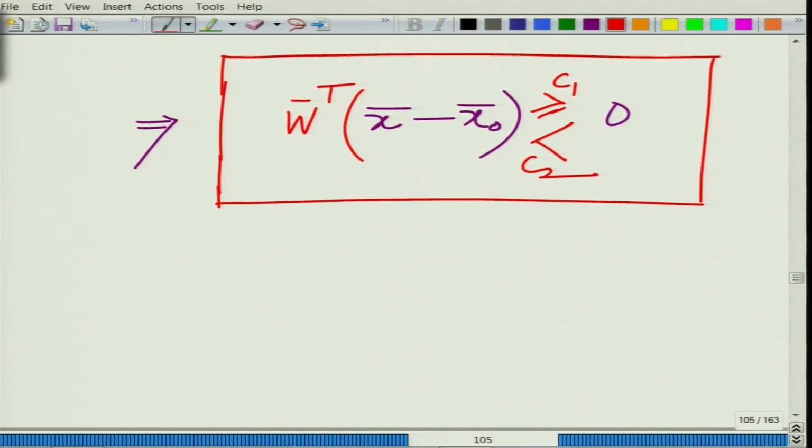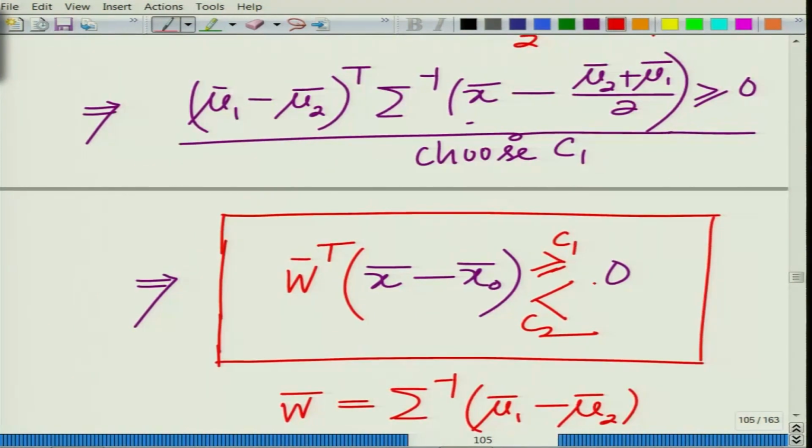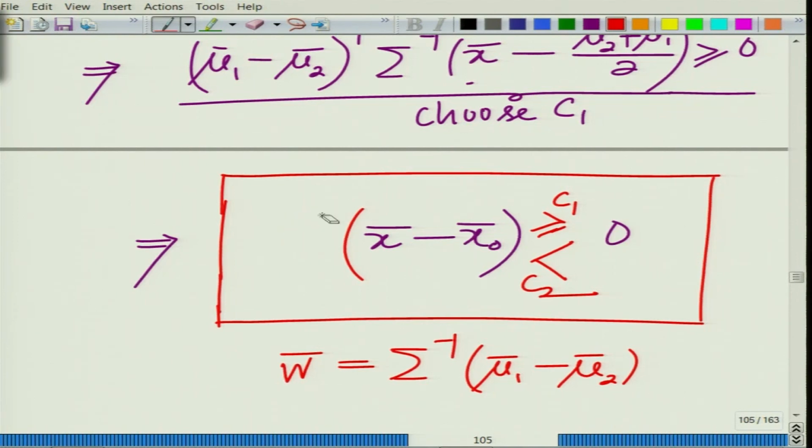So, where this quantity W bar equals sigma inverse (mu 1 bar minus mu 2 bar). So W bar transpose will once again give you (mu 1 bar minus mu 2 bar) transpose sigma inverse.